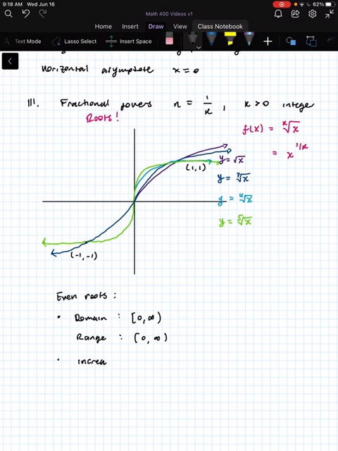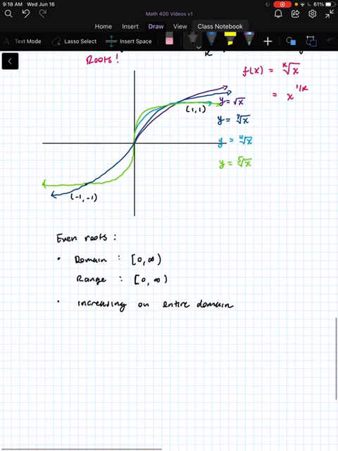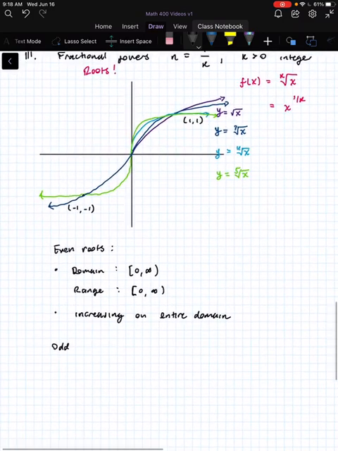We'll notice that also these are increasing on their whole domain. And what else? Well, they're unbounded. We know that because the range goes from 0 to infinity. Okay, so that's good. And they pass through the point (1, 1). Not terribly interesting, but odd roots.